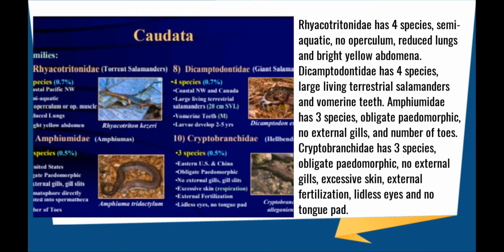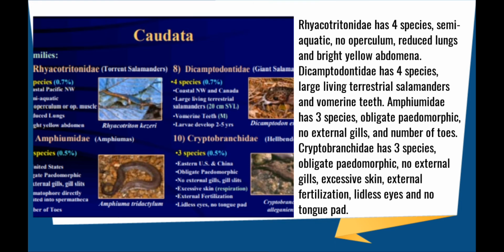Rhyacotritonidae has 4 species. They are semi-aquatic and have no operculum. They have reduced lungs and bright yellow abdomens. Dicamptodontidae has 4 species, and they are the large living terrestrial salamanders with worm-eating teeth. The Amphiumidae has 3 species, and they are obligate paedomorphic, with no external gills and a reduced number of toes, while the Cryptobranchidae has 4 species, and they are obligate paedomorphic, with no external gills, excessive skin, and external fertilization.